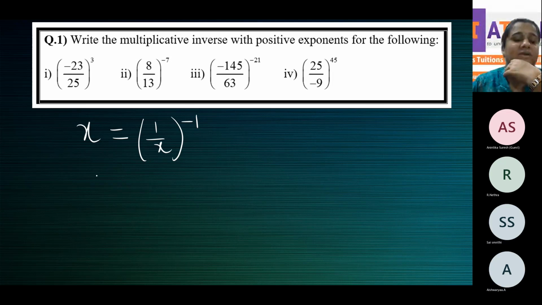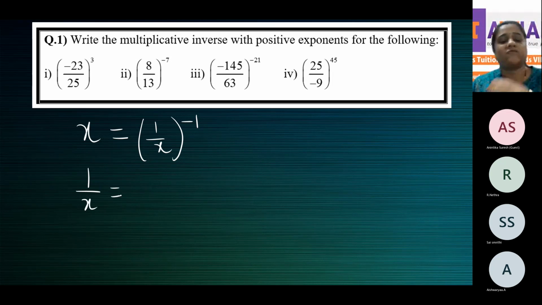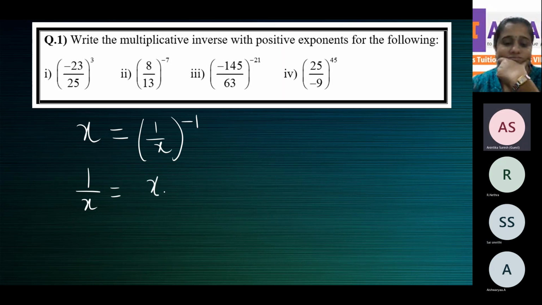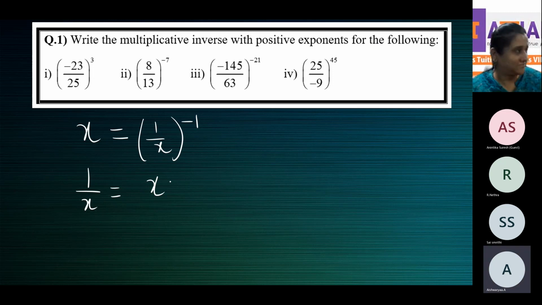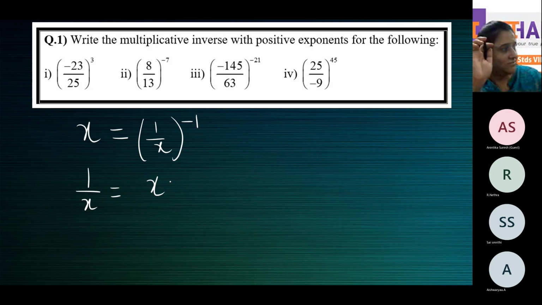Somebody online tell me, what's the other way of writing 1 by x? Ma'am, x to the power 1, or just x. Wrong. Ma'am, x to the power minus 1. Anantika, what's the power here?